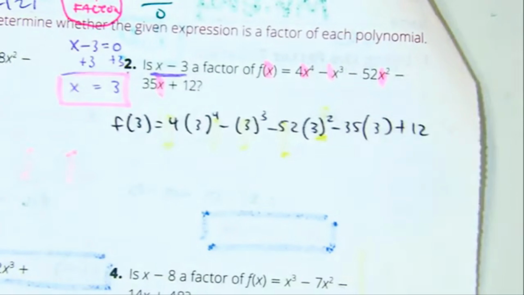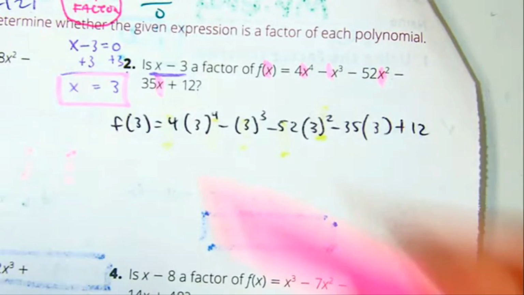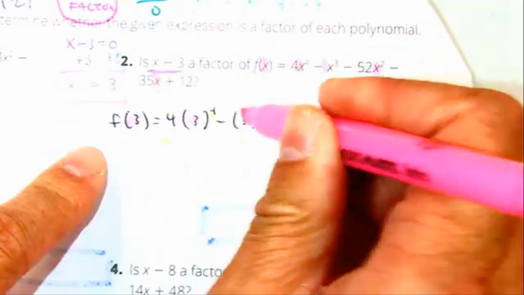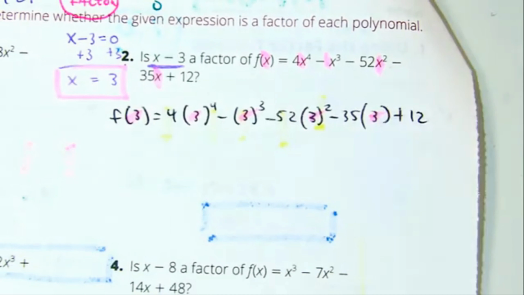So all I did there was every x value we're putting in as 3. That's what I did. Alright, I'm going to pause here. I'm going to give you and your partner 60 seconds. I want you to simplify the rest, and then I'll call on you guys to help me with the rest. Ready, set, go.